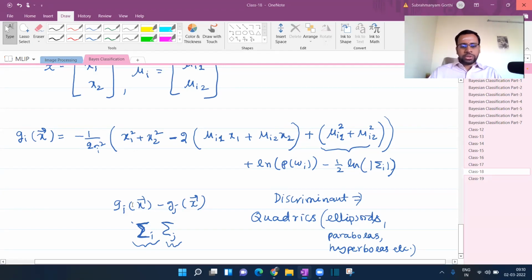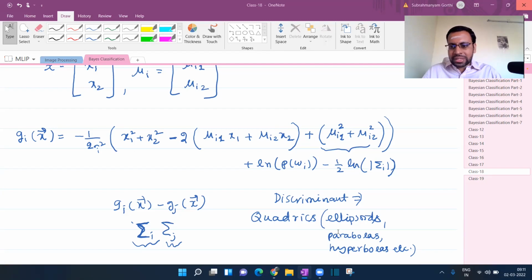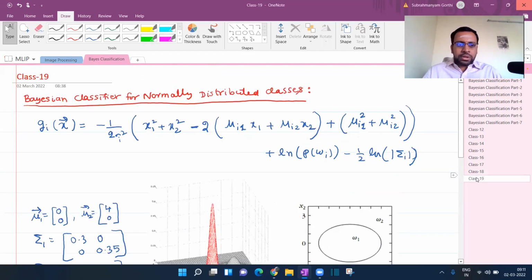So let me now take you through some examples of how the visualization of these things would look, so that it will give us some idea. I copied the same expression here, which we got for the monotonically increasing function that we applied on g_i of x bar, which in a way represents your a posteriori probabilities.